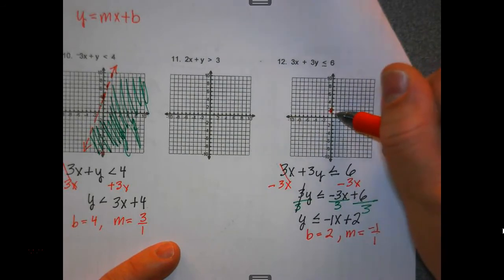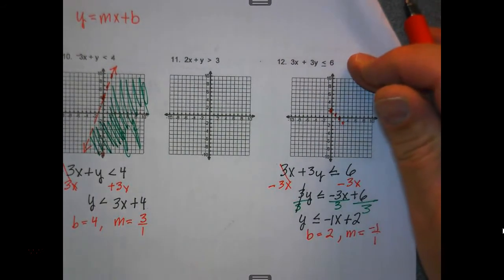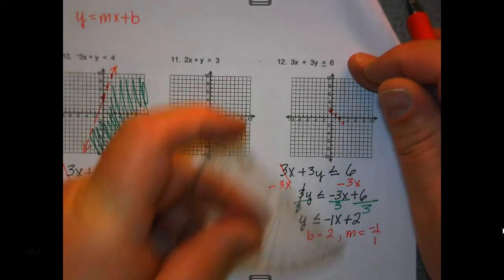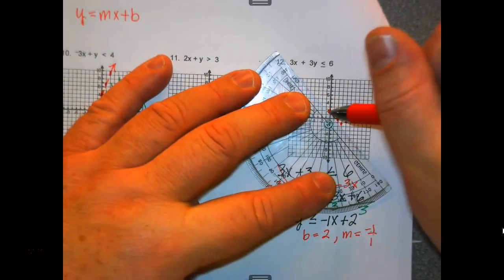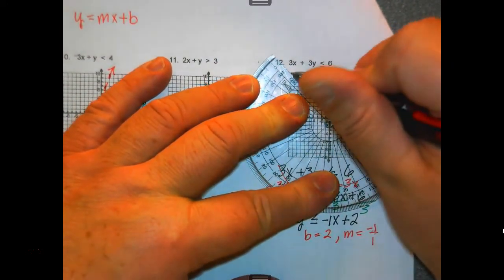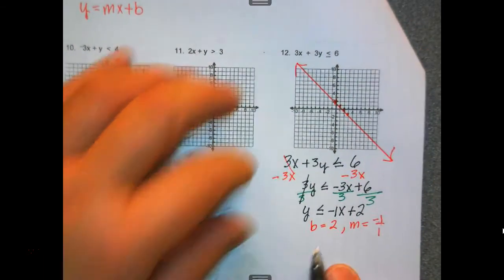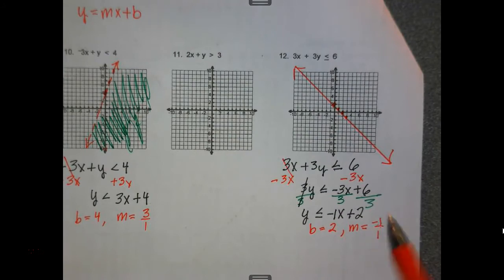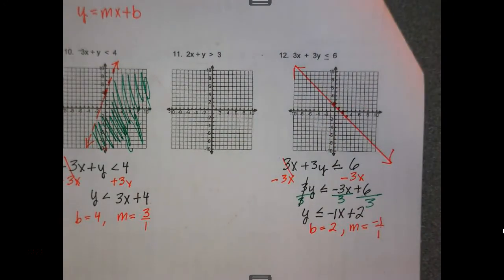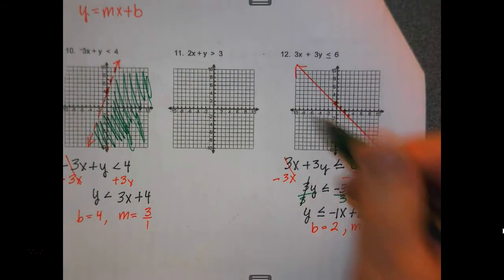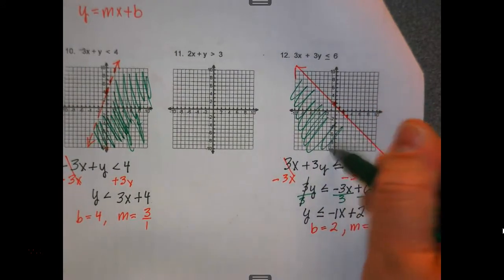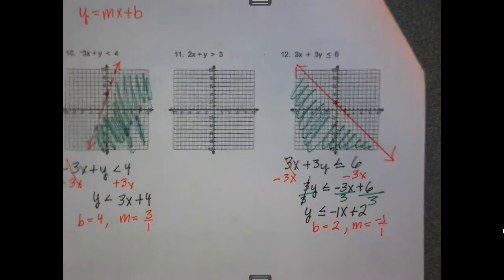Down 1 to the right 1. Down 1 to the right 1. This is a solid line because I have an equal sign this time. And I want all of those less than, so the bottom. And there's my graph.